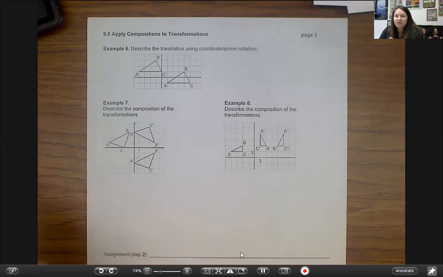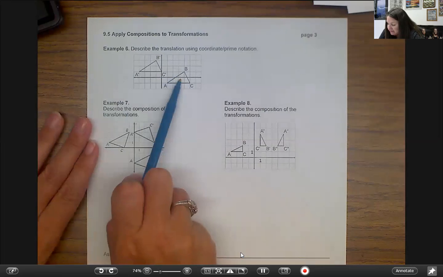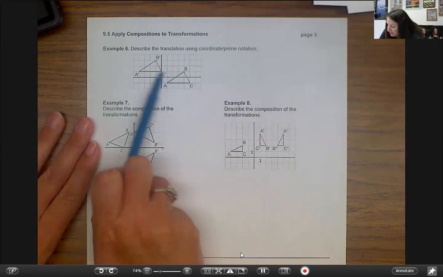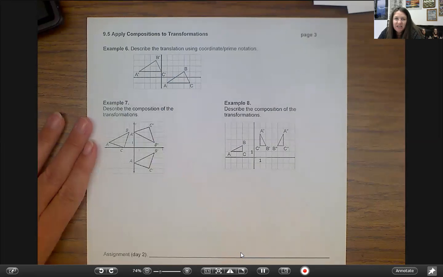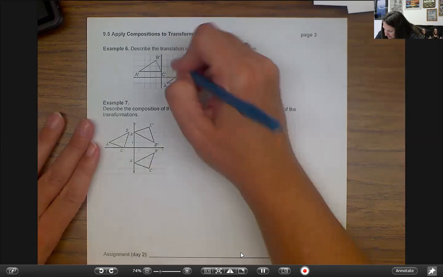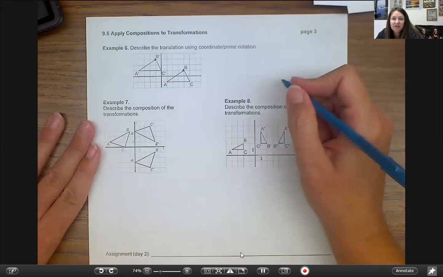So do we have translations, reflections, rotations, or dilations? And what order was that done in? In example 6, we should see that this triangle is shifting, or translating. So we just want to count what that movement is.